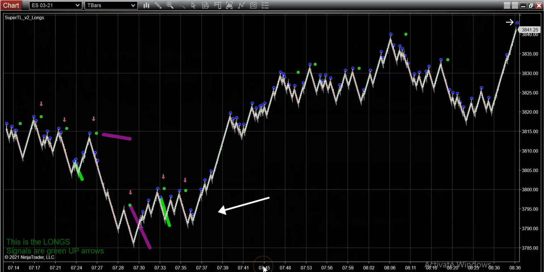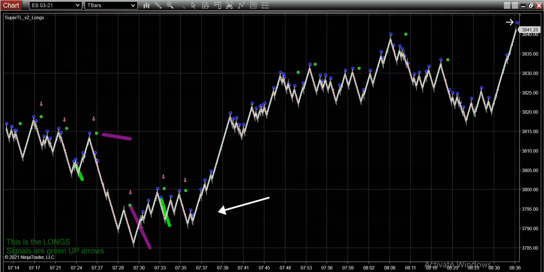And the reason that this information is so valuable is because you now have all of the advantages of the higher time frame chart, and you have all of the benefits of a smaller time frame chart, which is what you use to place your stops. Does that make sense, guys?